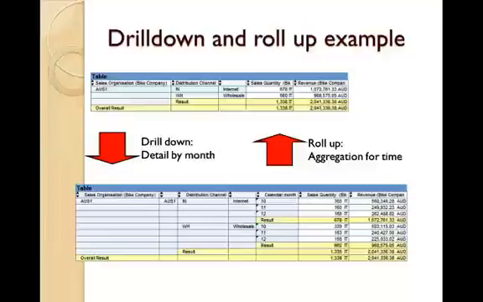If we do that, we get the bottom report, which shows, I guess, the last 3 months of the year, from October to December, for each distribution channel. If you start from the bottom, you can then roll up by hiding the month data. When you roll up, you go back to the report at the top.